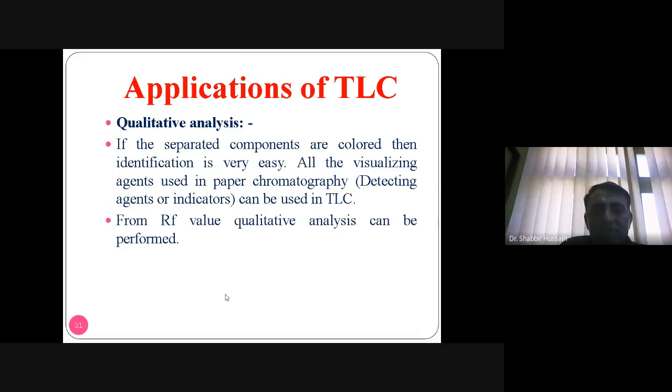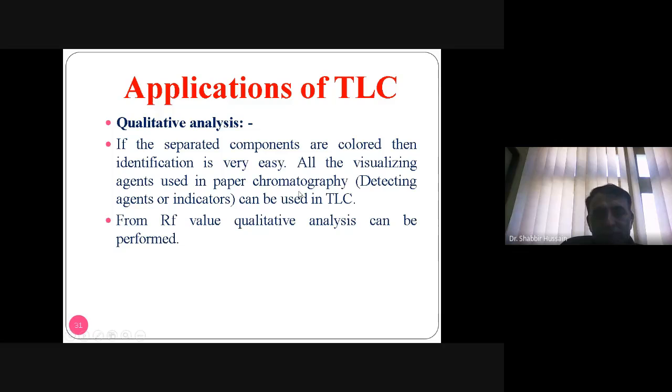So through application by using thin layer chromatography, if the separated components are colored, then identification is very easy. All visualizing agents used in paper chromatography, detecting agents or indicators can be used in TLC, which are physical methods as well as chemical methods. From RF value, qualitative analysis can be performed, right, by two ways.